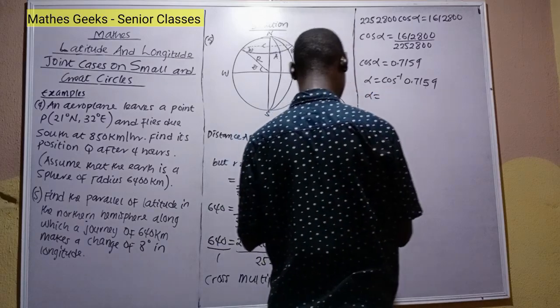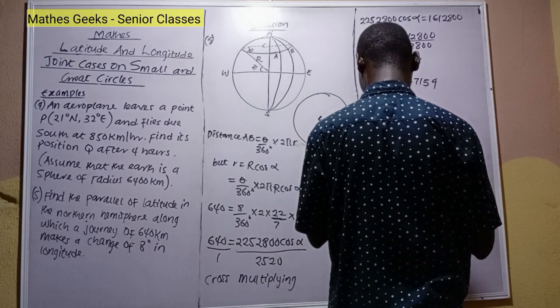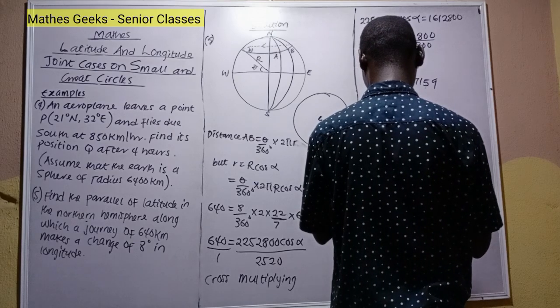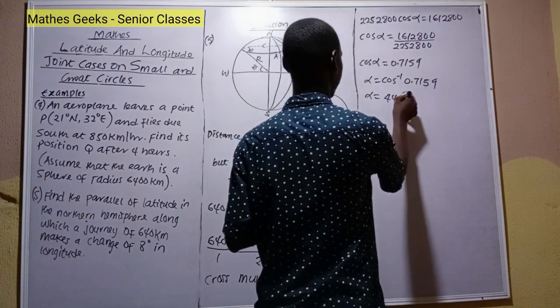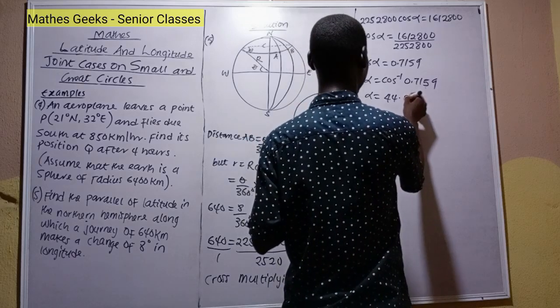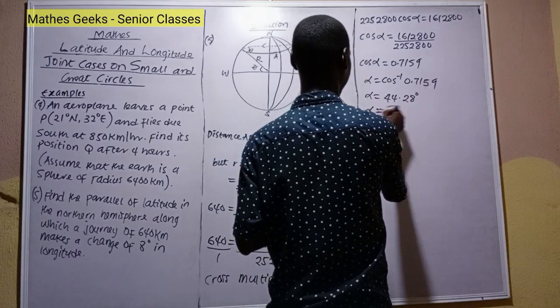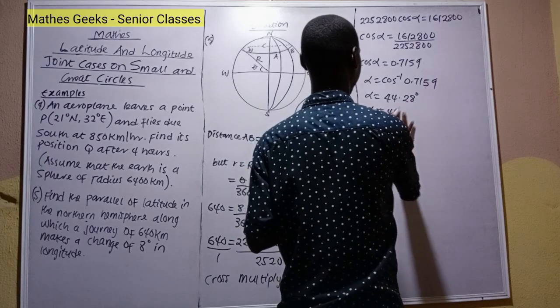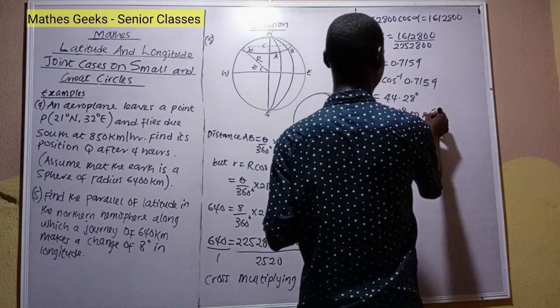And alpha is equal to shift cos 0.7159, 44.28 degrees. So alpha is approximately 44 degrees to the nearest degree.